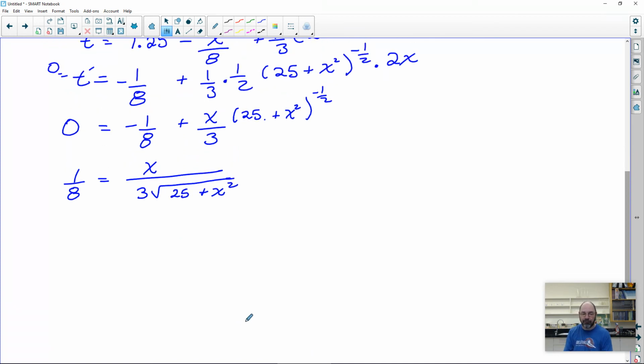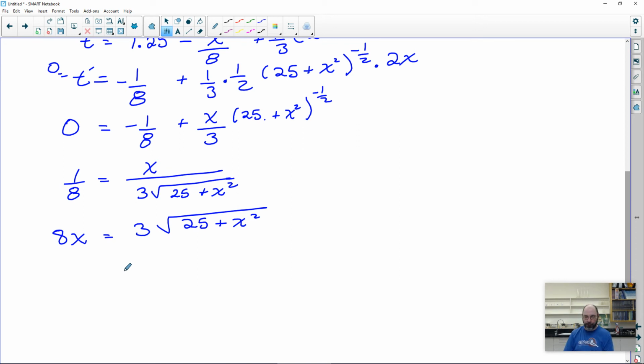So we got 8x equals 3 times the square root of 25 plus x squared.